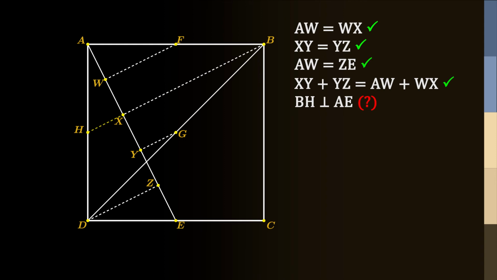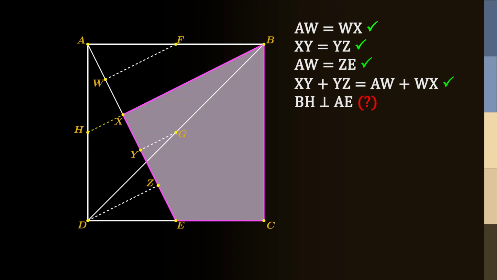But we still have to prove that BH is perpendicular to AE. We only assumed it, because that's what's needed for HX to be the mid-parallel of ADZ. To do that, let's look at the quadrilateral BCEX.